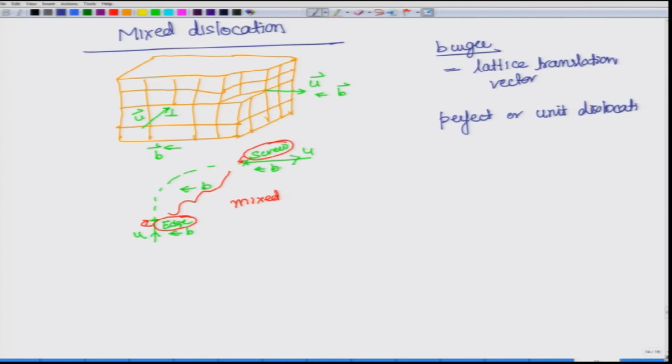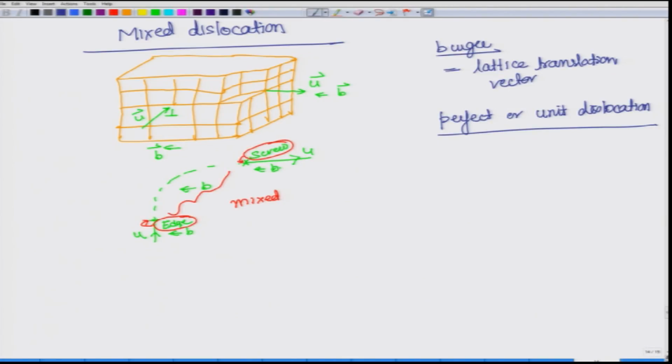Since we are describing something as perfect or unit, it means there are some dislocations which are not perfect or unit. So, there can be imperfect dislocations or partial dislocations, but in these particular cases, what we have seen so far are only perfect or unit dislocations.